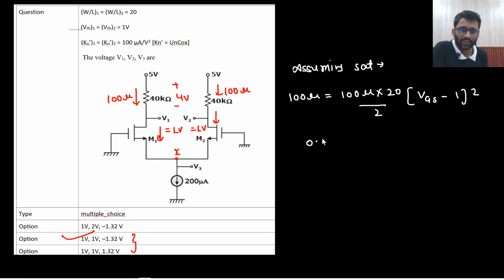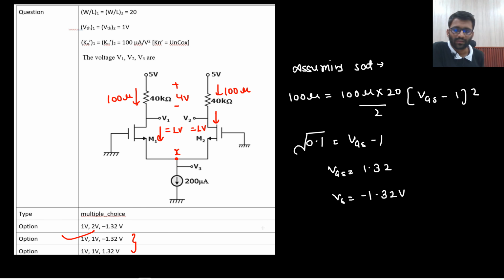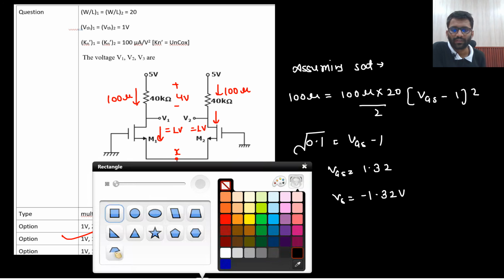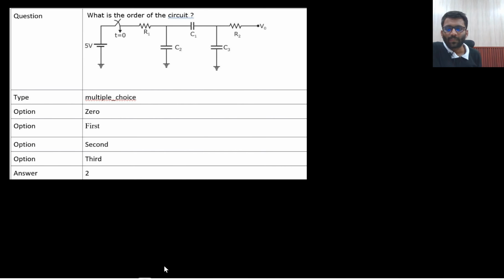So 0.1 under root is equal to VGS minus 1. So VGS is equal to 1.32 volt. Gate is at 0, so Vs is equal to minus 1.32 volt. Very straightforward, right?